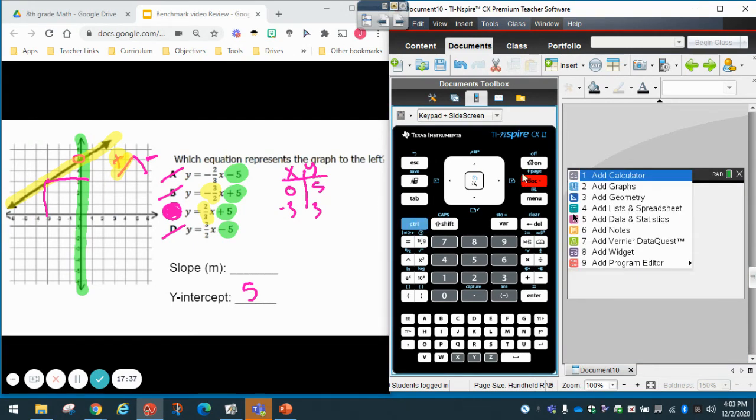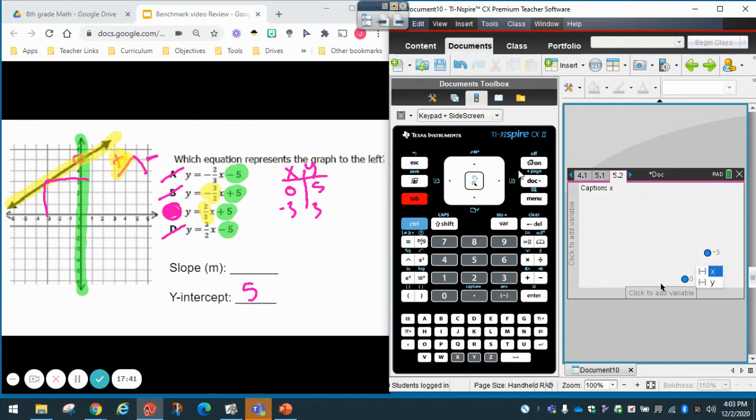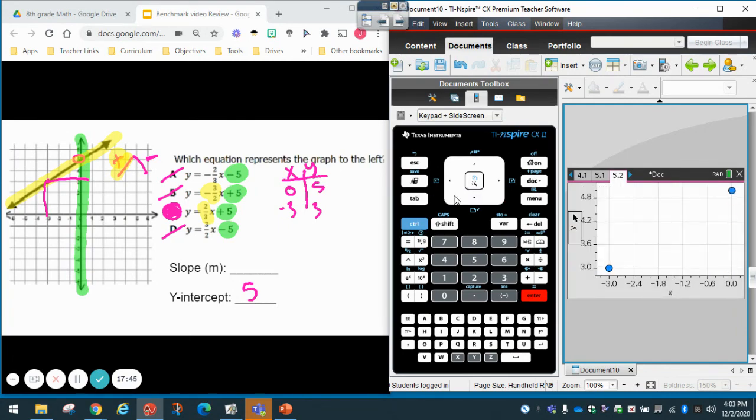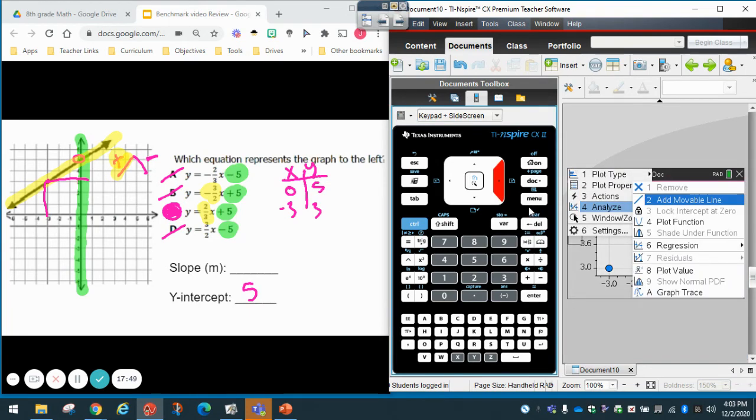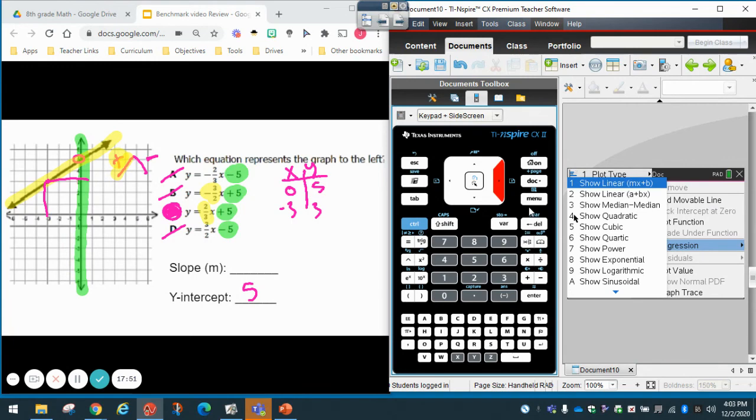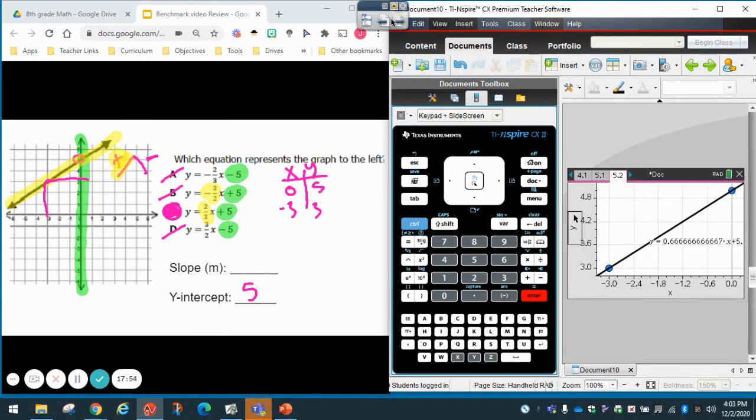Control doc. Data and statistics. Tab X, Tab Y. Menu. Analyze. Regression. And show linear mx plus b.